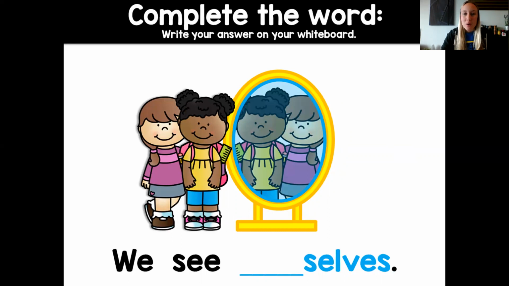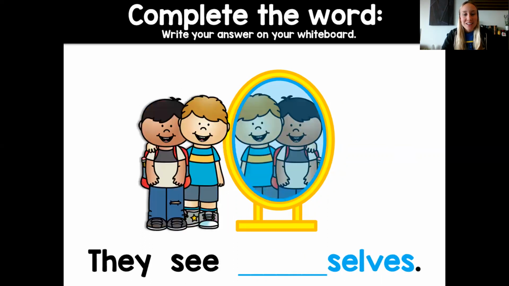What about this one? How would we complete this word? We see blank selves. If you're looking in the mirror with your friend, you would say, we see ourselves. Here's another one for you. If two of your friends are looking in the mirror, they will see blank selves.